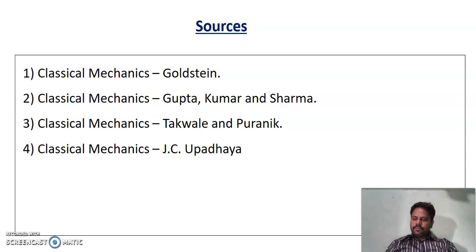And we have seen how Newton's second law of motion is reformulated by Lagrangian using generalized coordinate system. And also we have seen the applications of Lagrangian equations for constrained motion. Hope you enjoyed that.